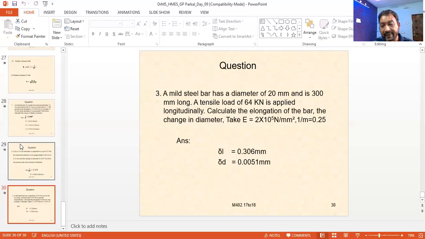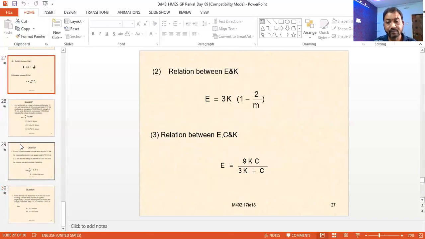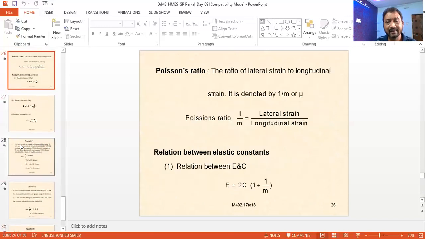Like this we can solve these exercise problems to have a clear idea about finding the different elastic constants using the equations between the elastic constants and the Poisson's ratio. Now here the relation between the elastic constants is very important.